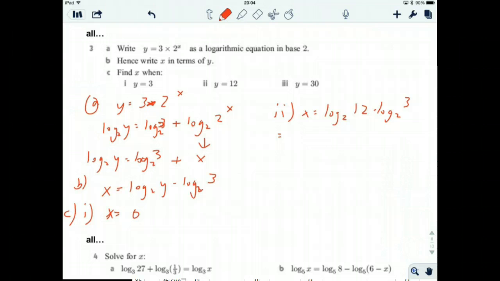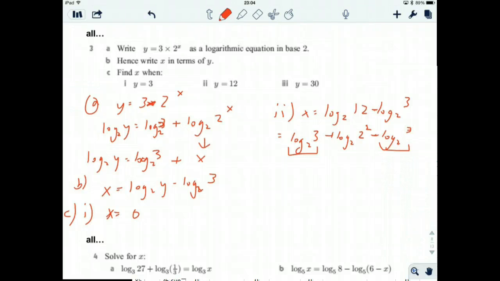Log base 2 of 12 is the same thing as log base 2 of 3 plus log base 2 of 2 squared, because 12 is equal to 3 times 2 times 2. And then minus log base 2 of 3. And now you see that we got a positive log base 2 of 3. We got a negative log base 2 of 3. Those cancel out.